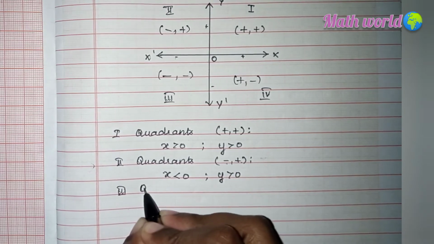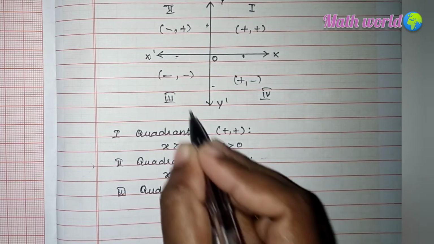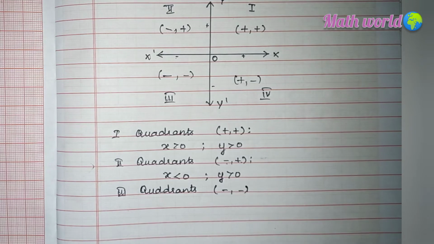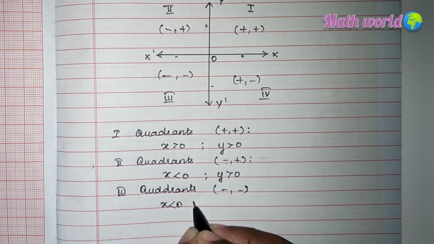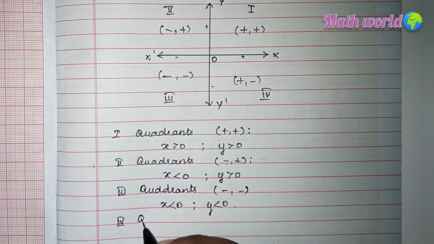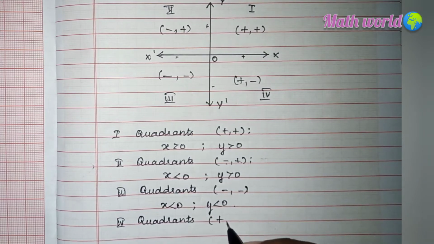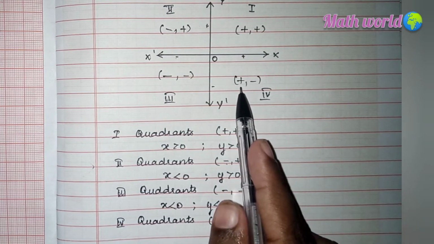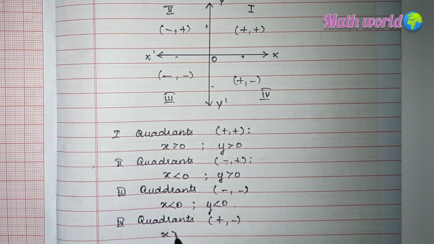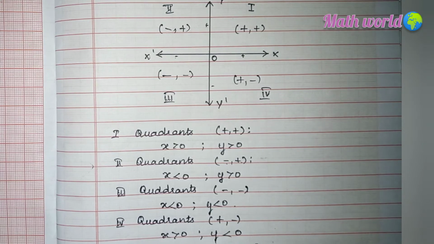Now third quadrant, both are negative, so x is less than 0 and y is less than 0. Fourth quadrant, positive and negative. So x is greater than 0, y is less than 0. So x is always positive, y is always negative in the fourth quadrant.